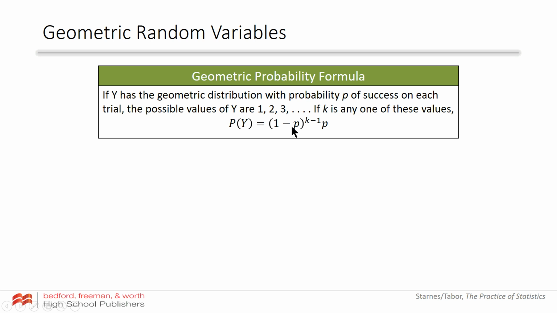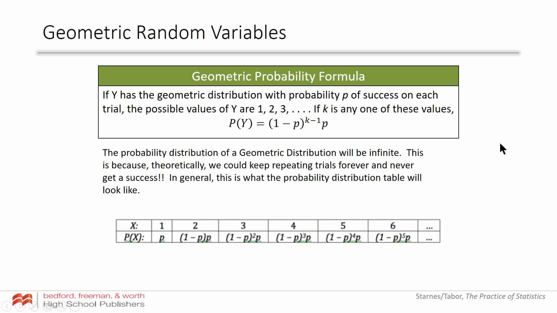So if I want the probability that y is equal to 7, it would be 7 minus 1 failures. So it would be the probability of failure to the 6th times the probability of 1 success. So the formula is pretty simple. You probably don't even need this formula. You can figure this out without using the formula.